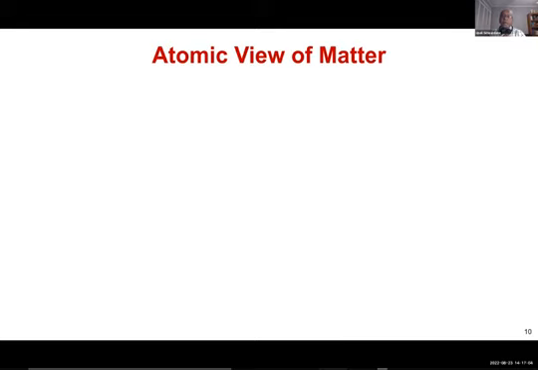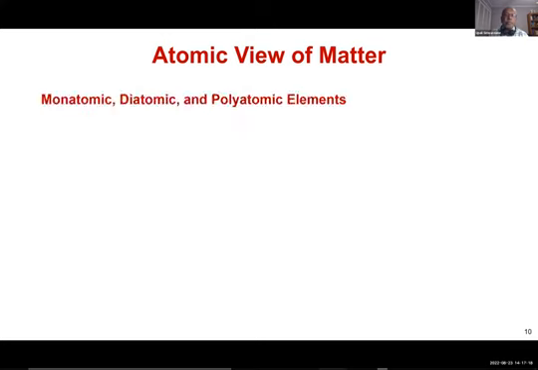All matter is made out of atoms, compounds, and molecules. When you look at the atomic view, some of them are monoatomic. Some elements contain only one type of atom.